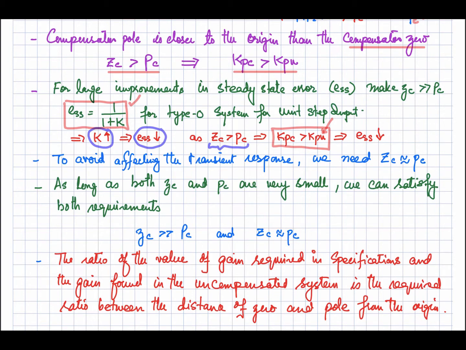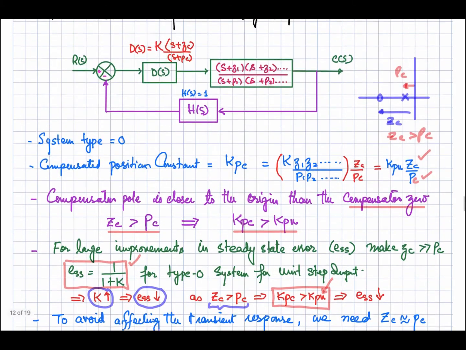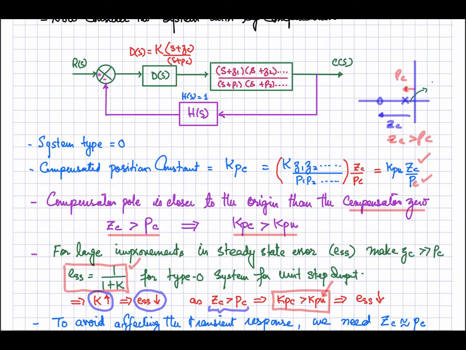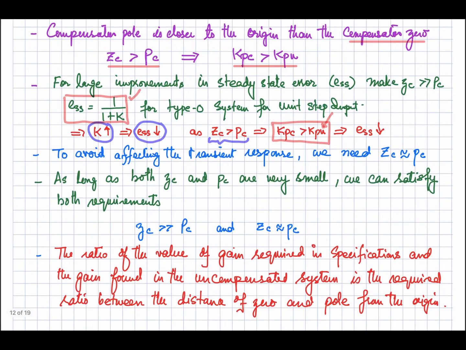So how can we get that? Relative to the other poles of your system, we keep this zero and the pole position very small. Let's suppose this is a very small value, 0.005, and with respect to that this zero is 0.05. They are quite small, and they fulfill both conditions: zc is greater than pc, and they are small with respect to the other pole position.